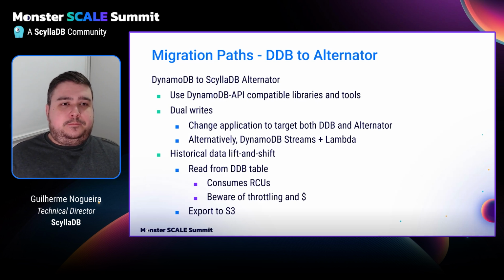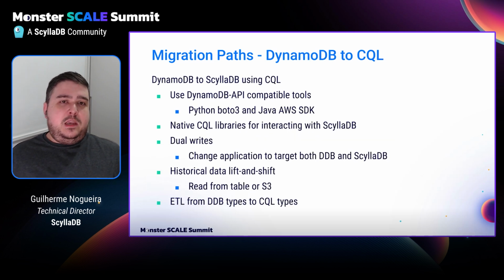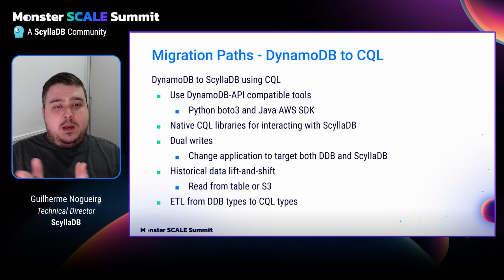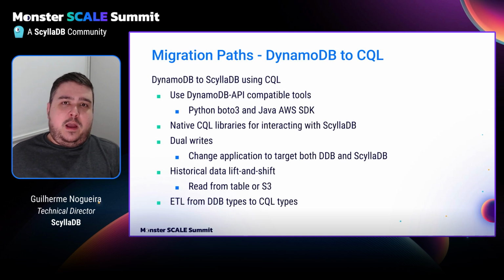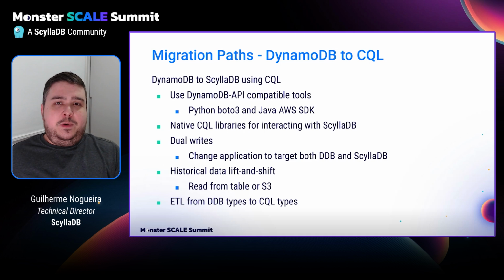That could work. Now, let's say you chose to migrate from Dynamo to CQL. You would continue to use the DynamoDB-compatible APIs to communicate with Dynamo, but native CQL libraries, especially the ones provided by Scylla, which are shard-aware, to communicate with Scylla using the CQL protocol. Then you would do dual writes, always using each recommended library to communicate with each technology.